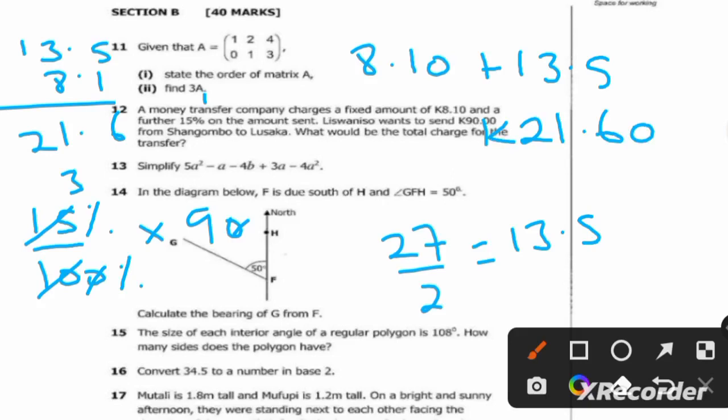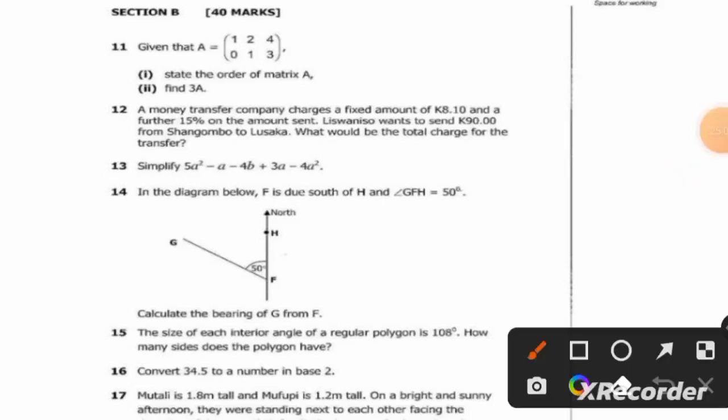Let us move on to the next question, which is question 13. The question reads, simplify 5a squared minus a minus 5b plus a minus a squared. To simplify this, first we are going to collect the like terms.